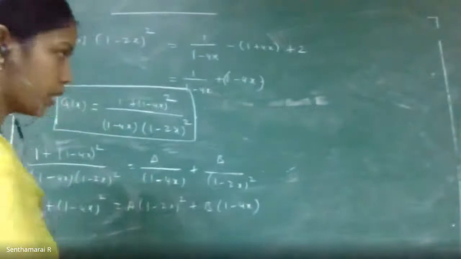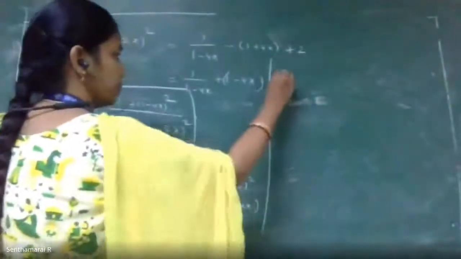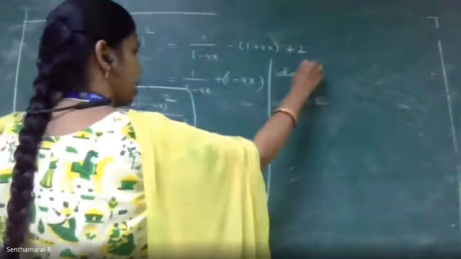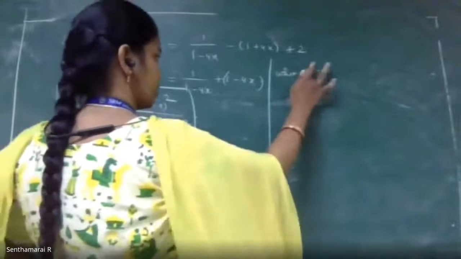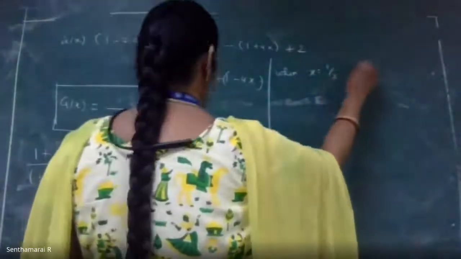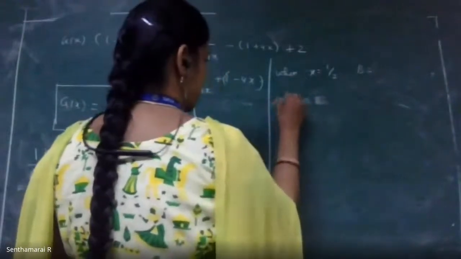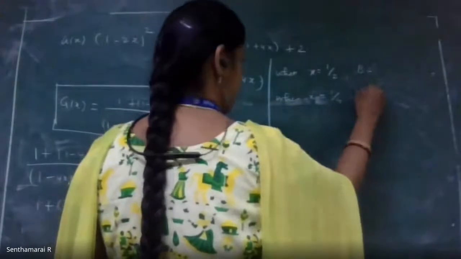Now all of you find out A and B yourself by substituting. When x equal to 1 by 2, you can find B value. When x equal to 1 by 4, you can find A value.